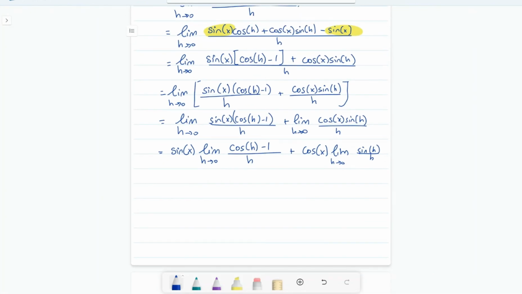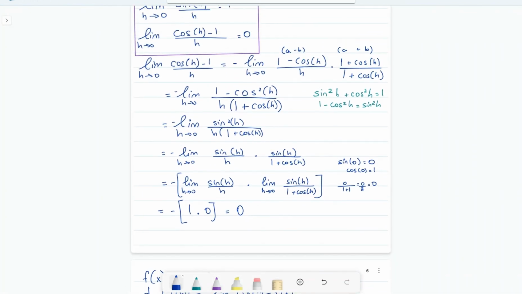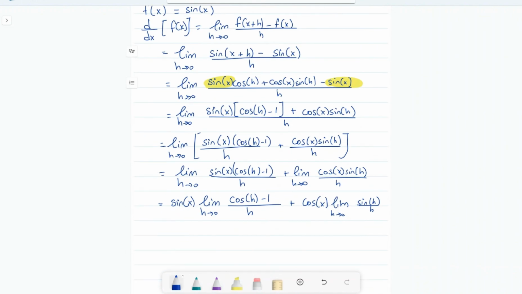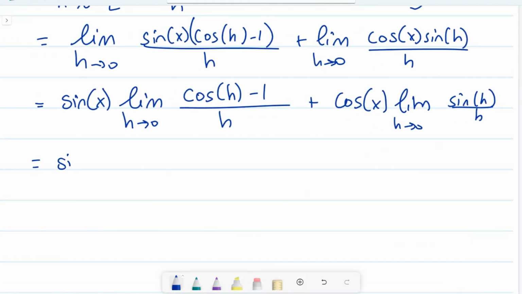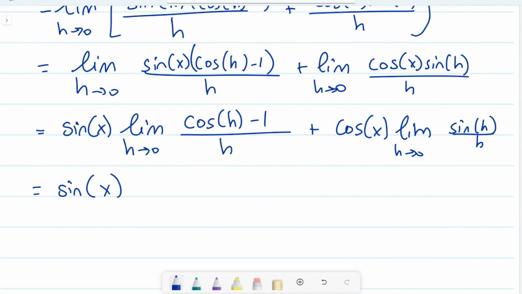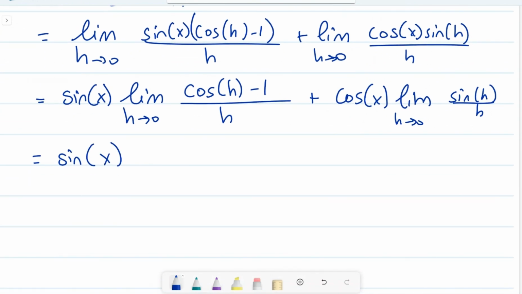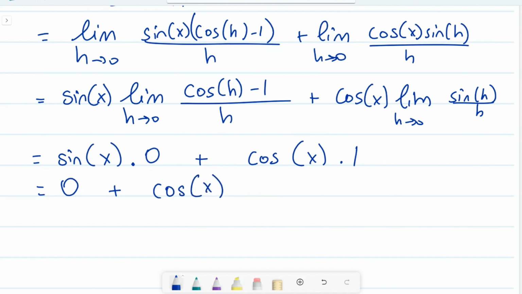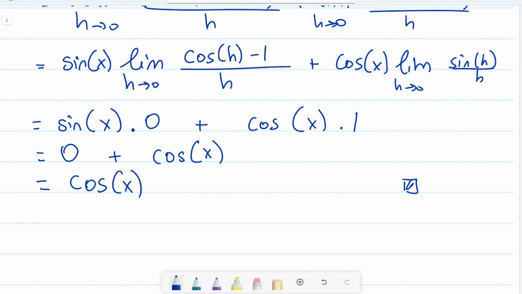And these are the limits we just proved earlier in this box up here. So the first limit, cos h minus 1 divided by h, is 0. And the second limit is 1. Sine x times 0 is 0, cos x times 1 is cos x. Cos x plus 0 is cos x. And we just proved the derivative of sine of x.